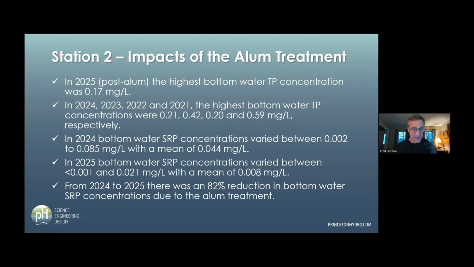After the alum was added, the concentrations in the bottom varied between less than 0.001 and 0.021, with a mean or an average value of 0.008. So this was essentially an 82% reduction in the amount of soluble reactive phosphorus in the bottom water. And that's, again, due to the alum treatment.